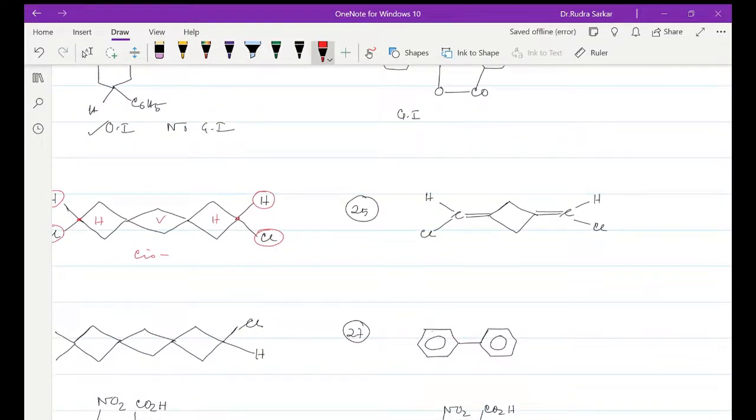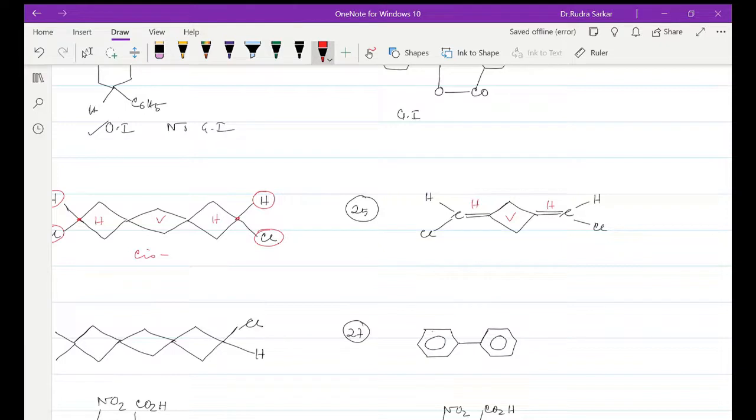If we consider the pi electron cloud over here to be horizontal, the cyclic ring to be vertical to the pi electron cloud, lying at a 90-degree angle, then the other pi electron cloud is going to be lying in plane with the first.